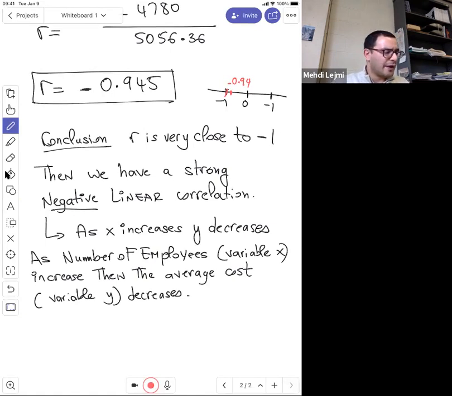Linear correlation means we have a straight line relationship between X and Y, so the variables X and Y change at a constant rate. All right, guys, because this computation is not really easy, we're going to do another exercise, and I'm going to give you some time to compute this R. Just make sure that you get the right answer.